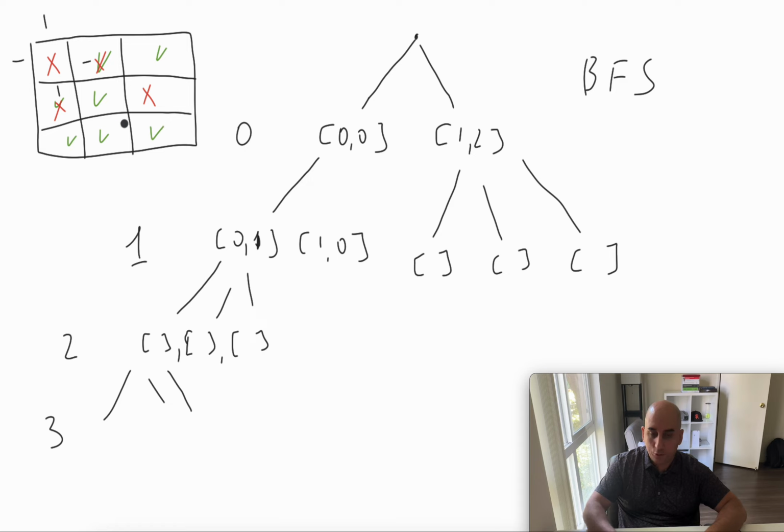If there is any fresh orange left, then in that case we are returning -1. Otherwise we are returning the time that it took to make all the oranges in the grid rotten. All right, that's the explanation part, and now let's go to the coding part.